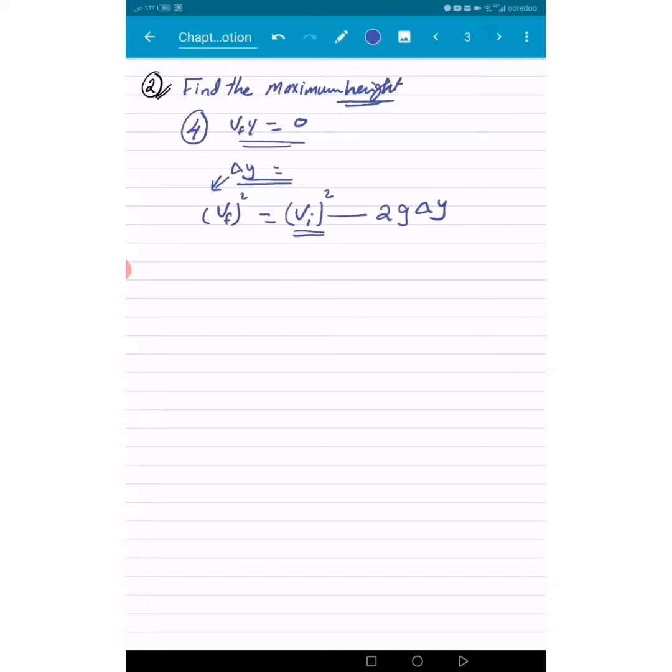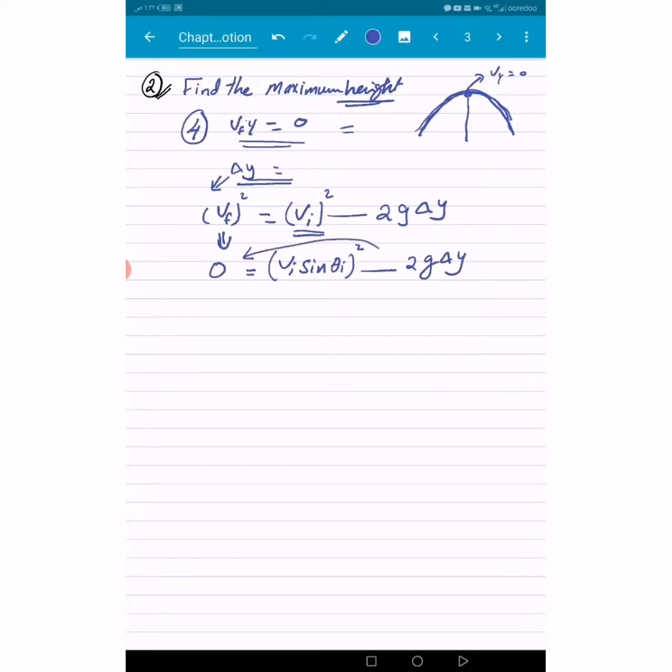Just replace: V final, as we mentioned, at the maximum height, at this point, V y is equal to 0. So 0 is equal to, replacing V initial y with V initial sine theta, squared, minus 2g delta y.